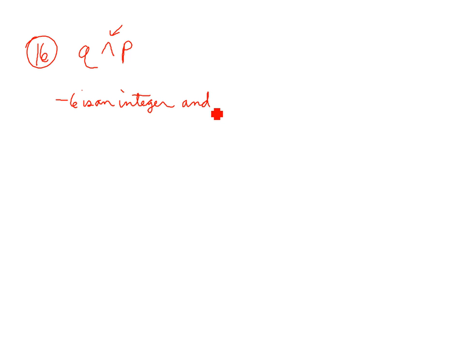P is a pentagon has 5 sides. Now we go through and decide, is 6 an integer? Yeah, so that part's true. We've got and in there. Pentagon has 5 sides, that part's true. Since this part's true and that part's true, it's and, which means the whole thing is true for number 16.